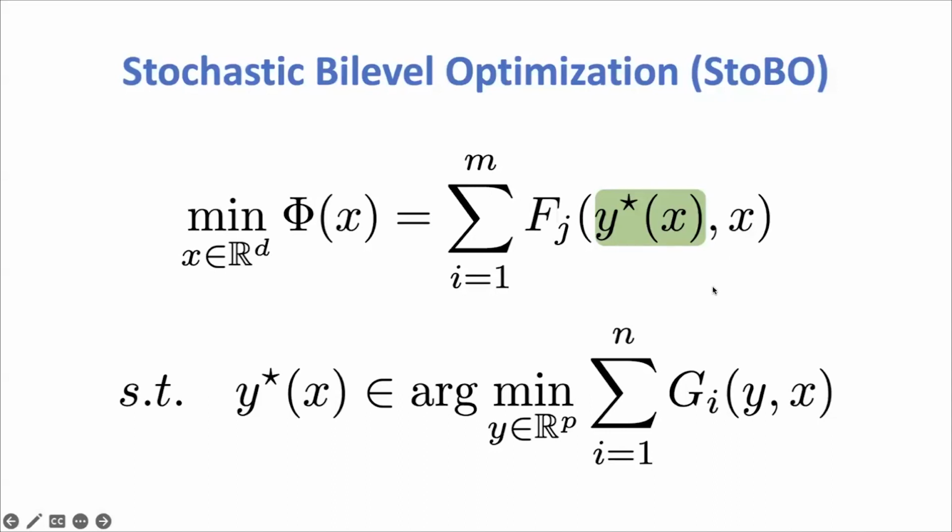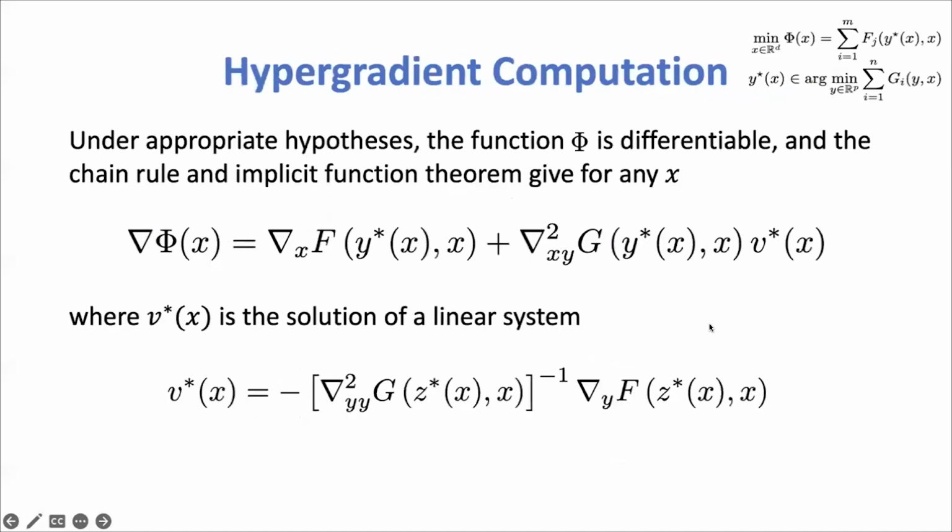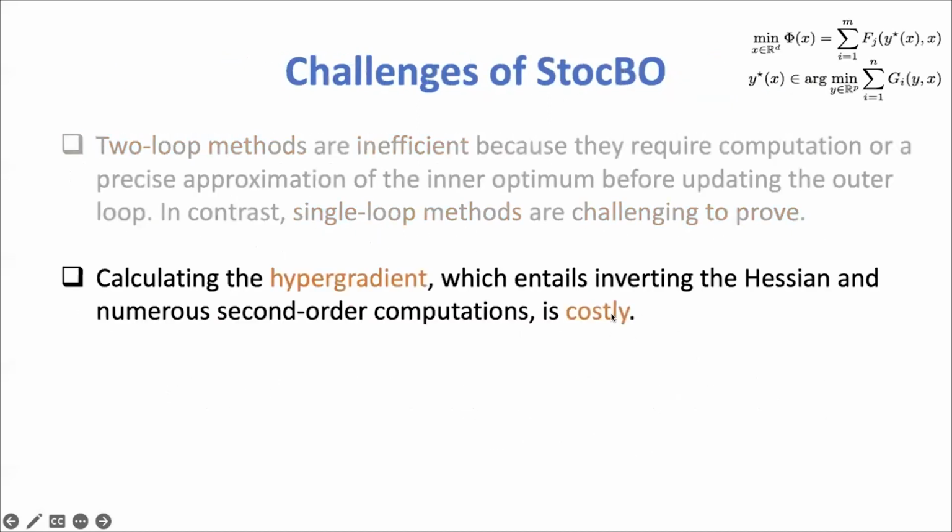Then we use this model x on the validation set, which is the finite sum of gi. We want to do well on this finite sum gi as well. So here, the outer problem, Fj, is the training step. The inner problem, gi, is the validation step. This is the example of hyperparameter tuning for SBO.